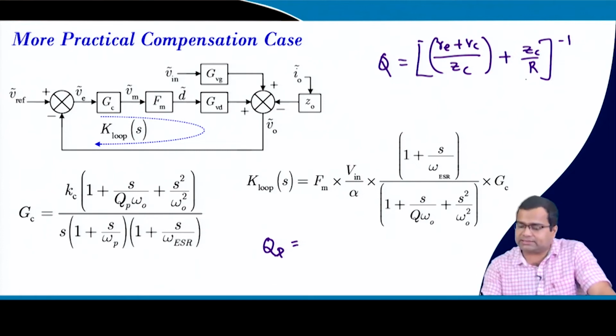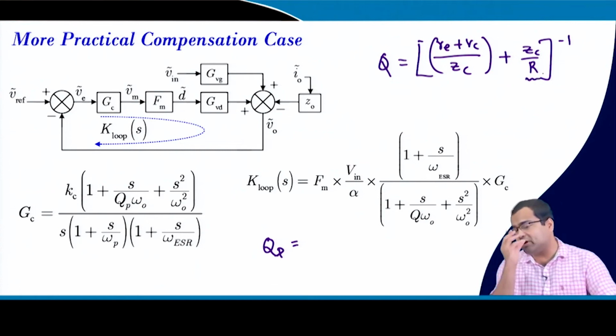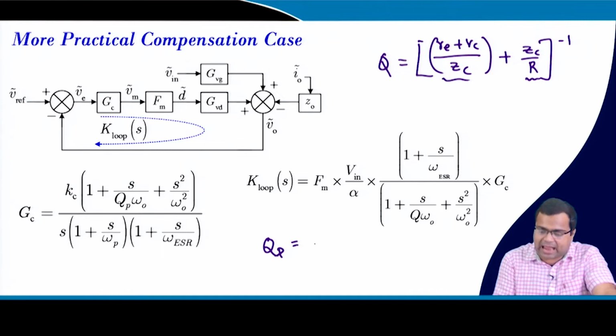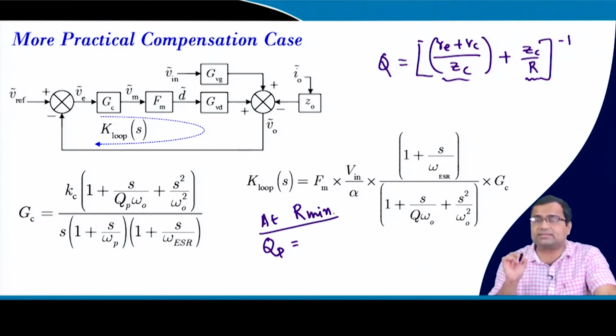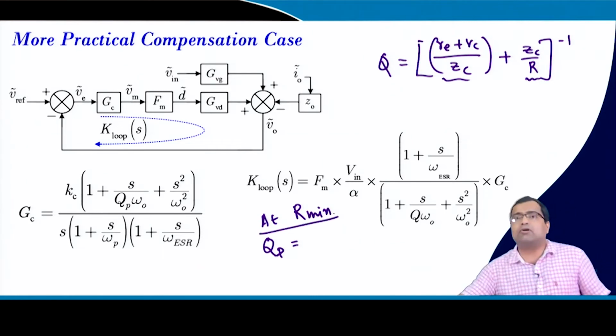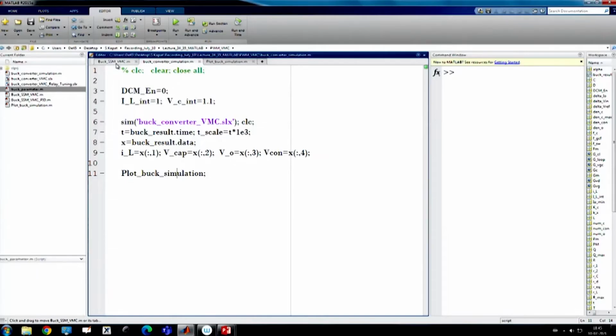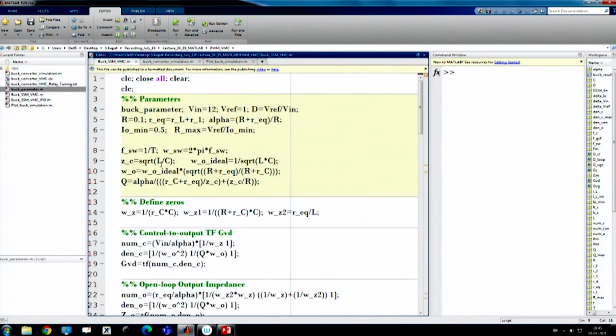And I told you this term will become significant when the load resistance is very high, otherwise this will primarily dominate, right. Now, if we design QP at R min, that means at the highest load current condition, what is going to happen? Okay. So, let us go back and change our compensator.